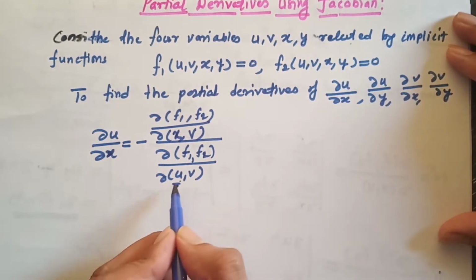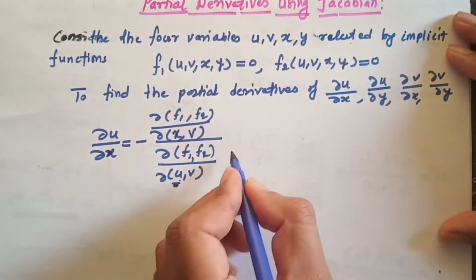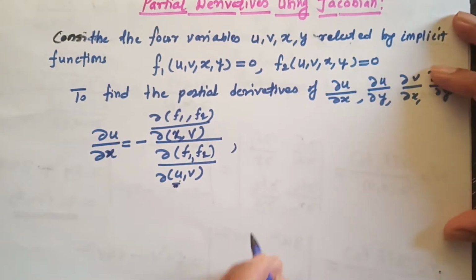Now in the numerator, just replace u by x. So this is the formula for partial derivative of u with respect to x.